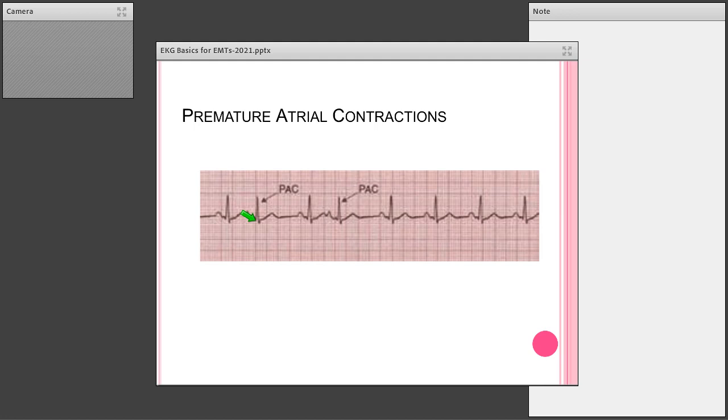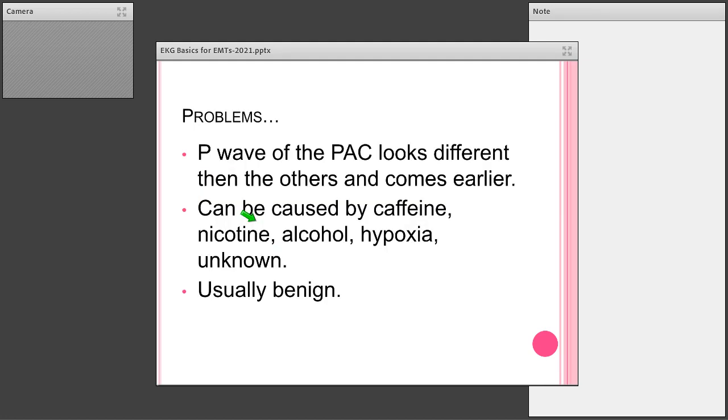This is another one of those where we're not going to actively try to treat it. It's usually benign. It can be caused by caffeine or nicotine stimulants, alcohol, hypoxia, or it just may happen. Stress, infectious diseases.